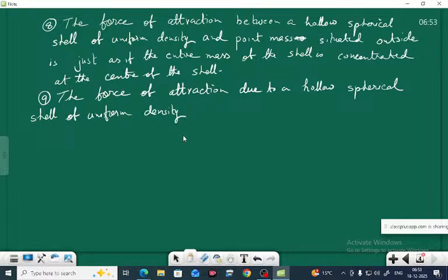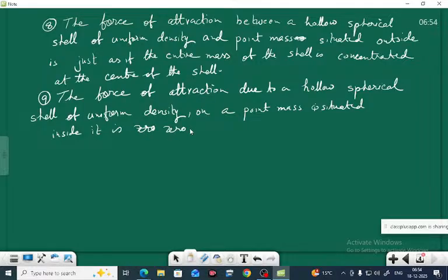The force of attraction due to a hollow spherical shell of uniform density on a point mass situated inside it is 0. The force of attraction due to a hollow spherical shell of uniform density on a point mass situated inside it is 0.